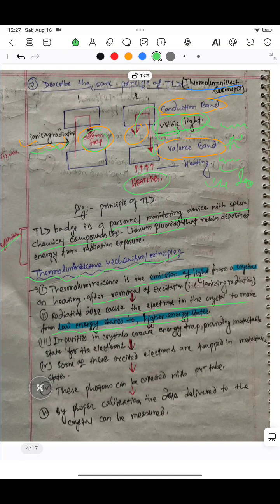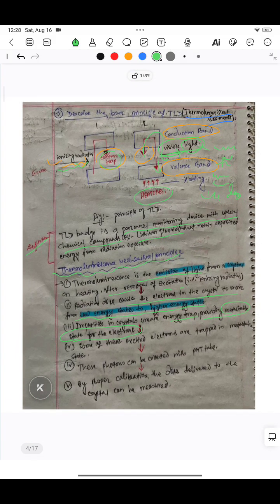Impurities in the crystal create an energy trap, providing a metastable state for electrons. It is a metastable state because on heating it releases light and comes to the stable state, that is the ground state.